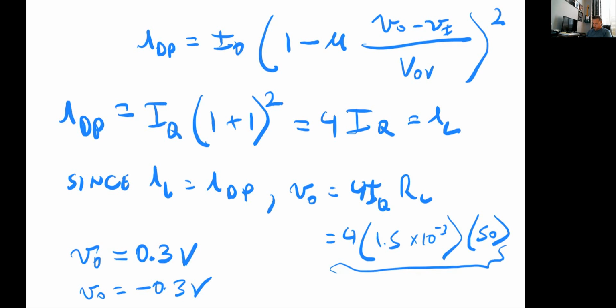Okay, so now the last point that they ask us for is F. They ask us what is the linear range of VO. So that is when each transistor is going to be supplying all the load, but they're not just getting into cutoff or saturation.